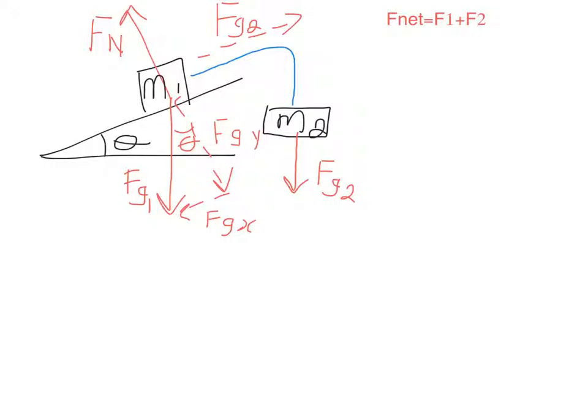Now all I've got is, again, F net equals, and in this case we have Fgx and we have Fg2.